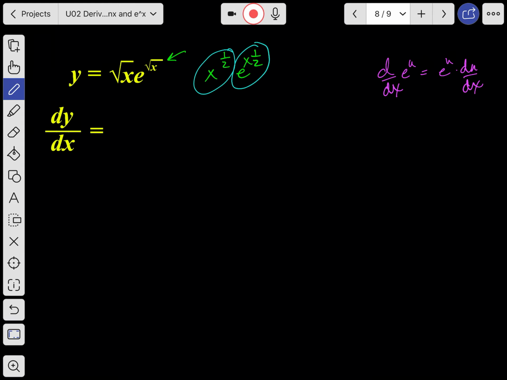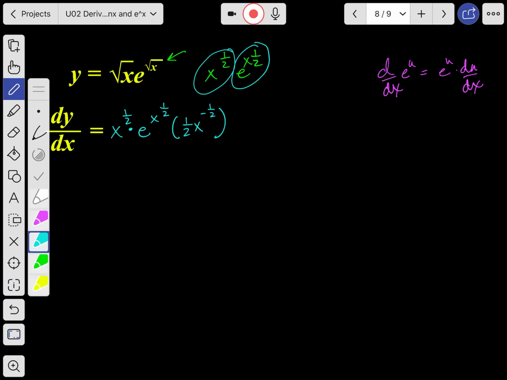All right, and so our product rule is first times derivative of the second, which is e to the x to the 1/2 times the chain. So the chain would be 1/2 x to the negative 1/2. Remember, you bring the exponent in front and you subtract 1 from the exponent. So 1/2 minus 2/2 gives you negative 1/2.